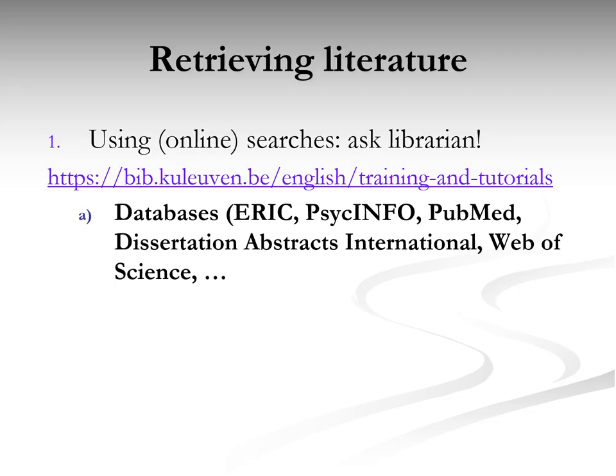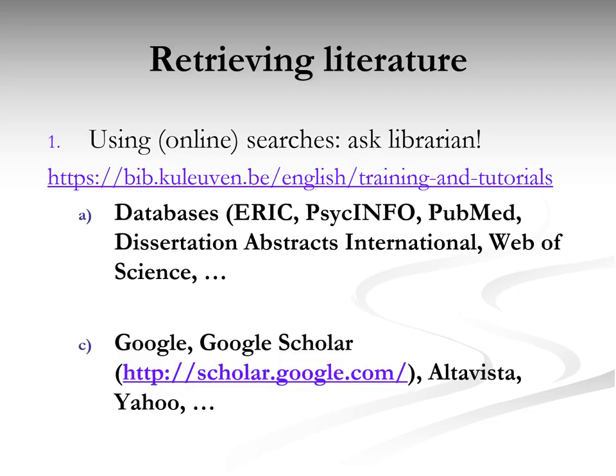There are several databases to which we have access at the KU Leuven. The most important databases probably are ERIC, PsycInfo, PubMed, Dissertation Abstracts International, Web of Science, and so on. We can also use Google or Google Scholar to look for interesting studies or other search engines like AltaVista or Yahoo.